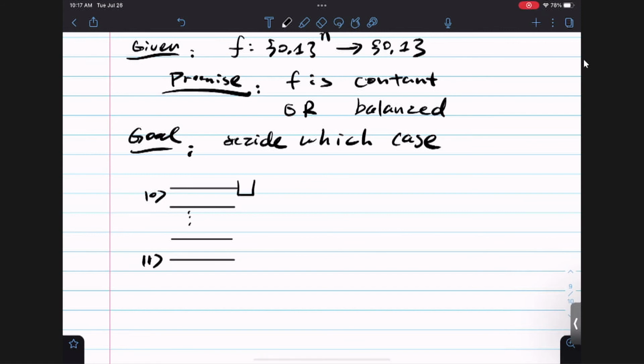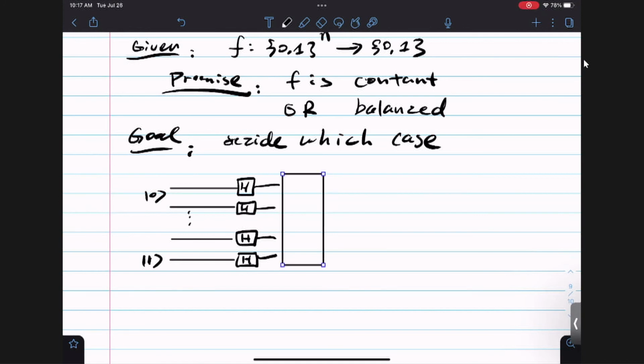Then I'm going to apply Hadamard to all of them. And then query this unitary function U sub f. So again, this is the black box implementing f as a unitary. And afterwards, I ignore the final qubit.